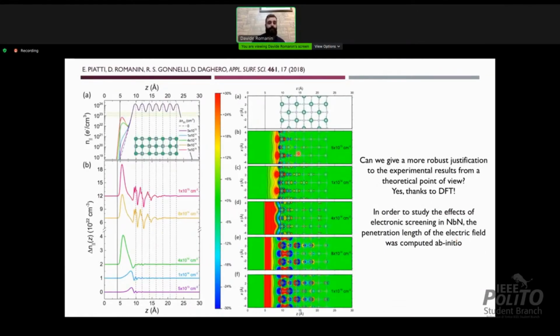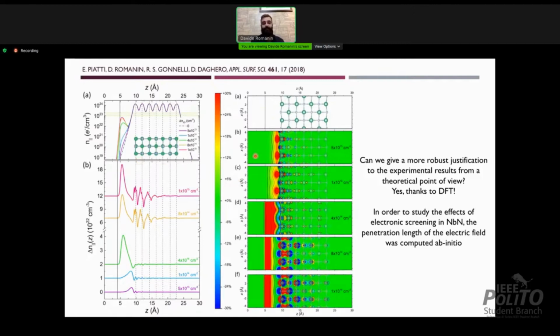Here I'm showing you the total electronic density, and here the induced charge density as a function of doping. Moreover, we have the same thing here as color maps along a slice of our system. And you can see that if we increase the doping, the fluctuations at the beginning are just localized around the first layer, the first two layers actually, which is more or less 1 angstrom, therefore satisfying Thomas Fermi theory.